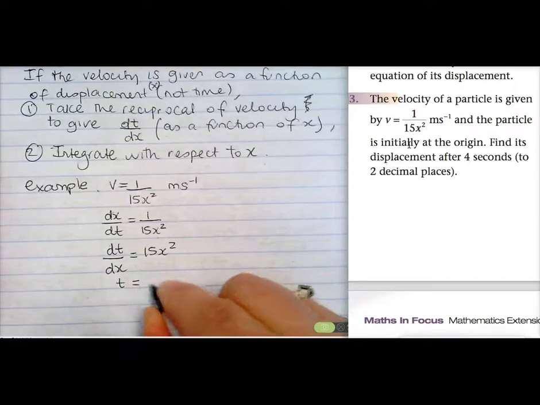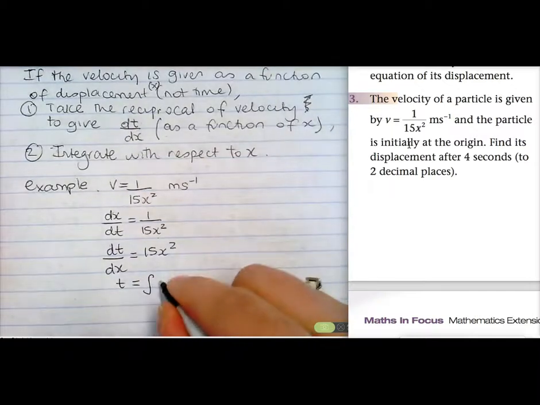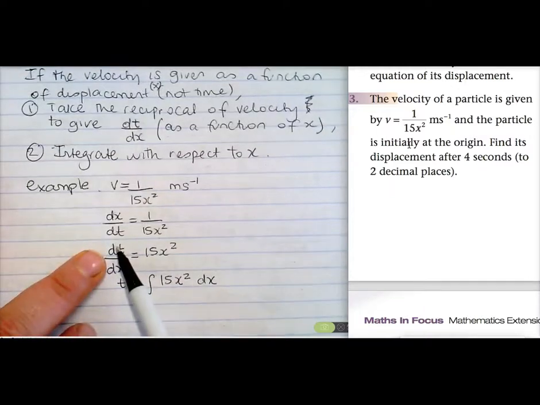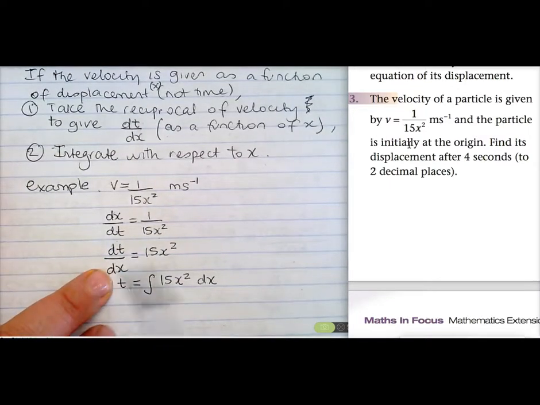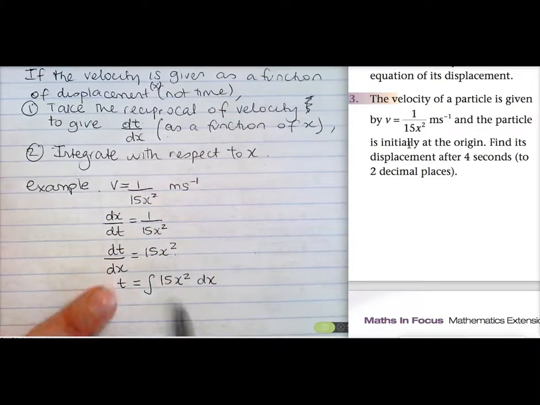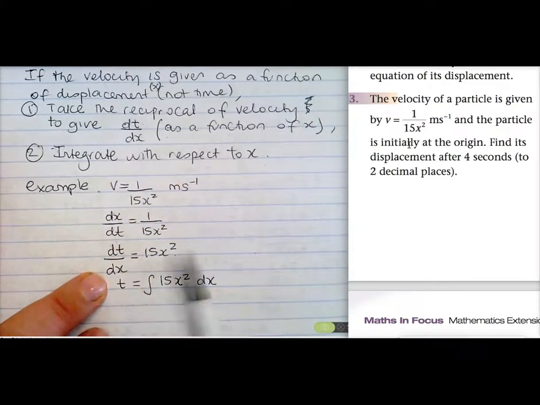So therefore t is the integral of 15x squared dx. If you've got dy/dx, you get y is the integral of that dx. You're integrating with respect to x. You can do it because this is now dt/dx, which has to be in terms of x, not t.